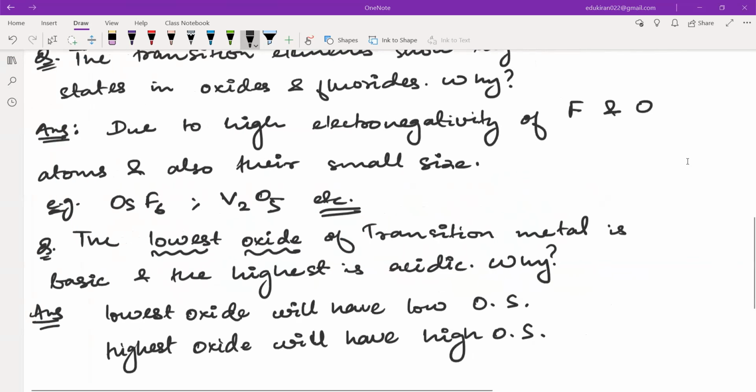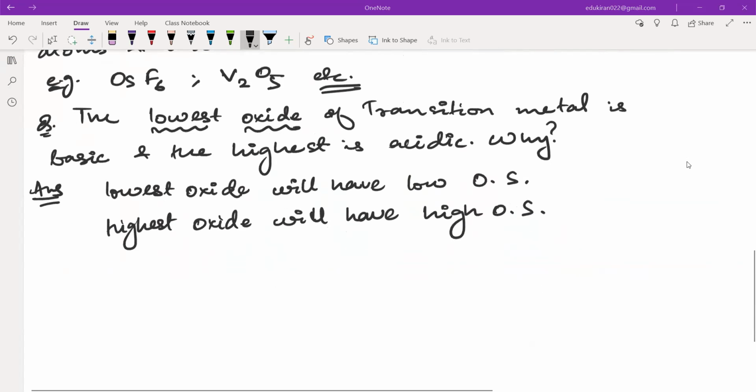So the lowest oxidation state will have the lowest oxide. This lowest oxide is basic and the highest is acidic. Why? What will you write in the answer?